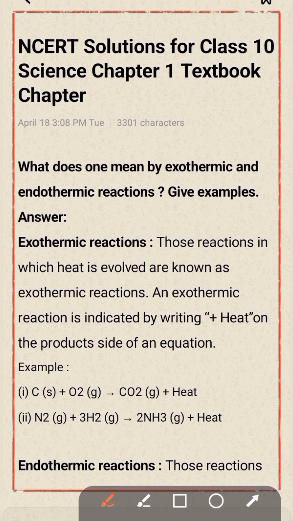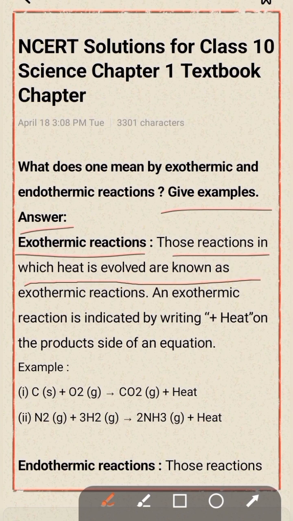What does one mean by exothermic and endothermic reaction? Give example. Exothermic reaction, those reactions in which heat is evolved are known as exothermic reaction, and exothermic reaction is indicated by plus heat on the products side of an equation, that is C solid plus O2 gas form CO2 gas plus heat.